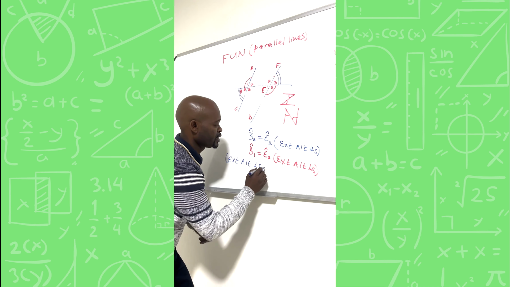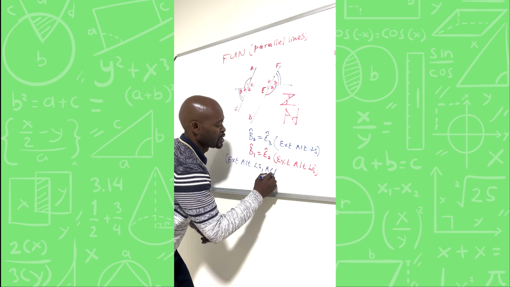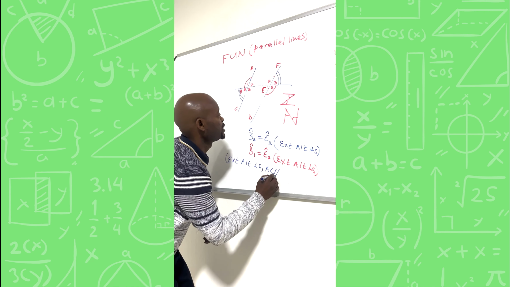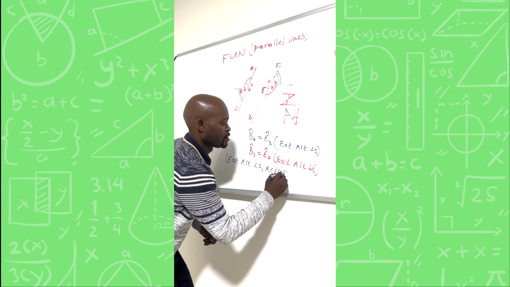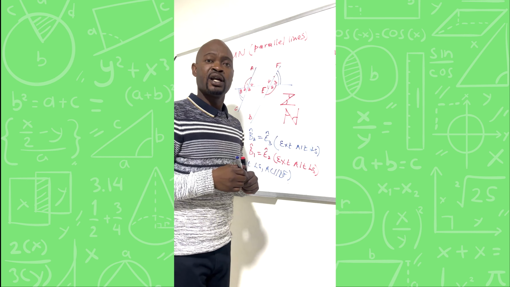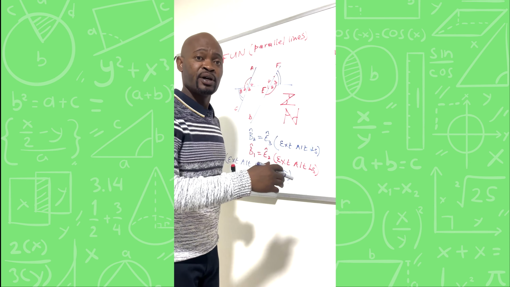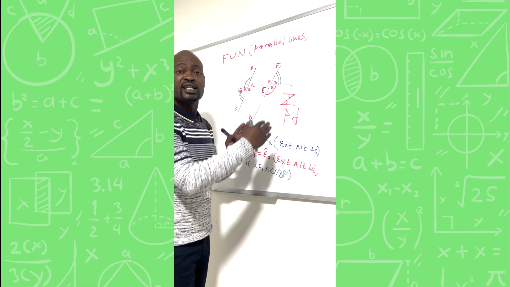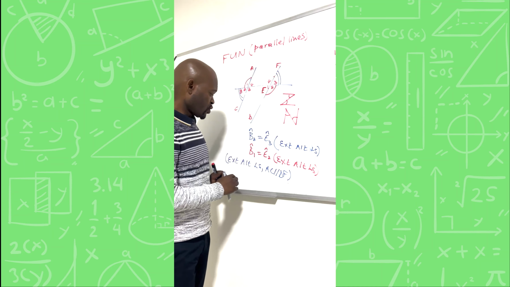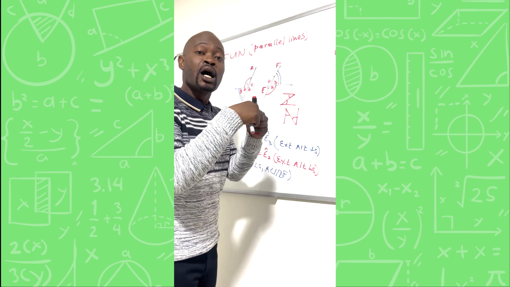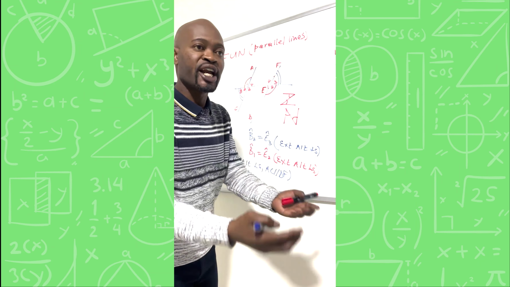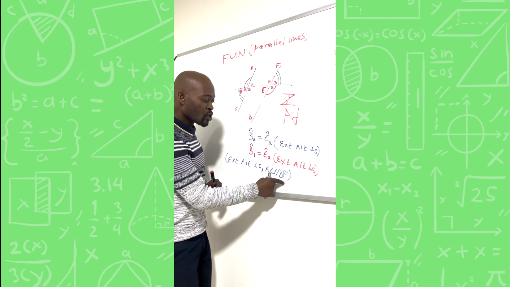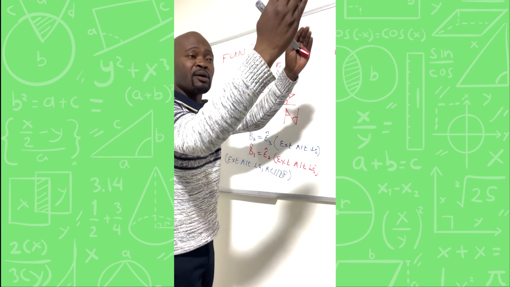Because line AC is parallel to line DF. Even with the Z shape, you're going to say this angle is equal to that angle. Then you're going to say interior alternate angles. Then you must also include that these lines are parallel.